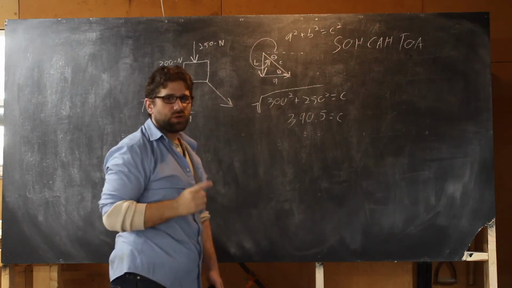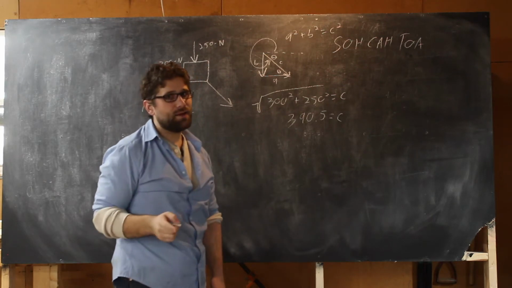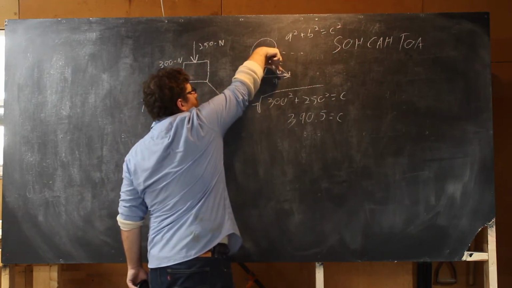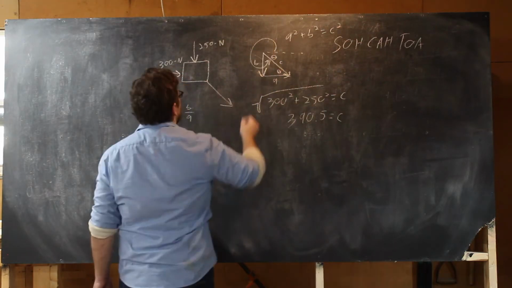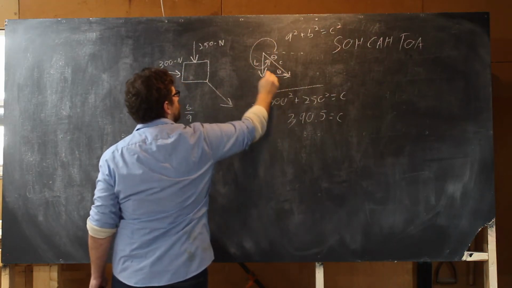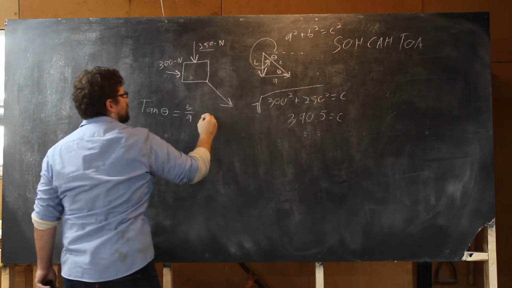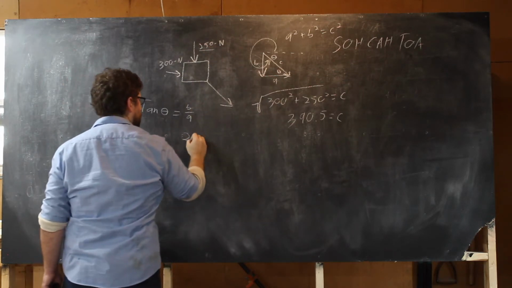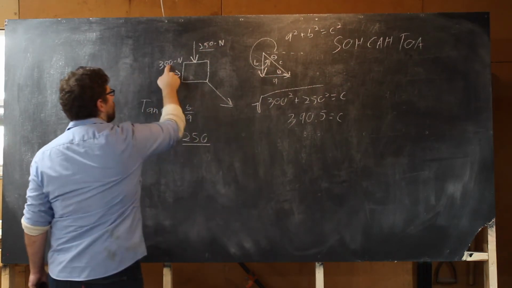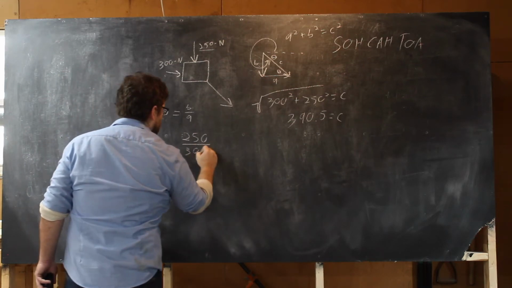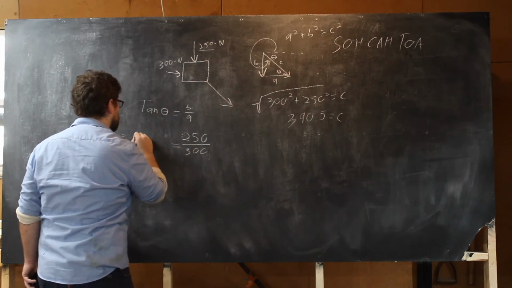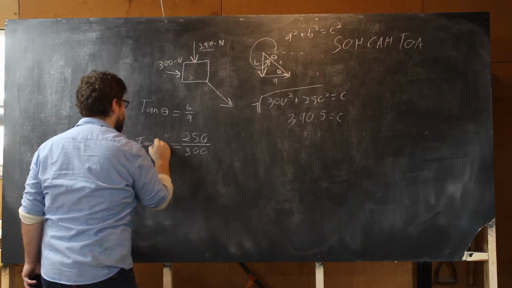Right now, we're just going to end up with a negative angle because it's lower than x. Okay? So B is my y component. So that's going to be 250 over 300 equal to tangent of theta.